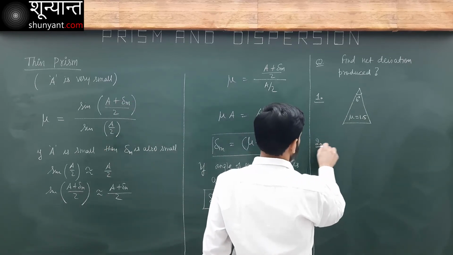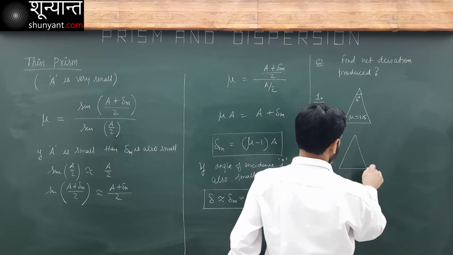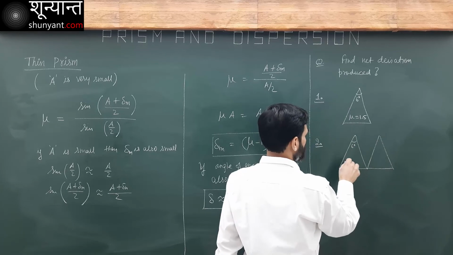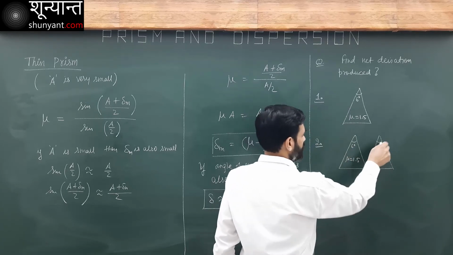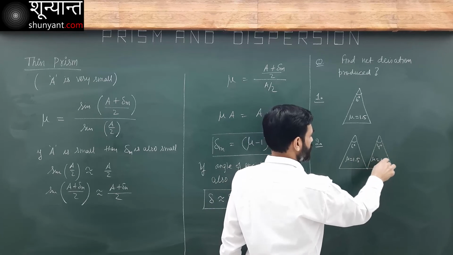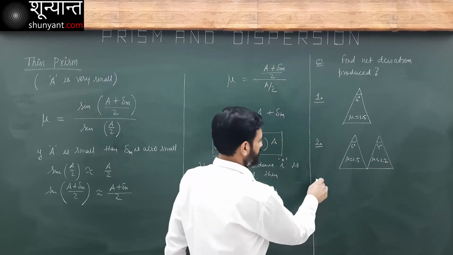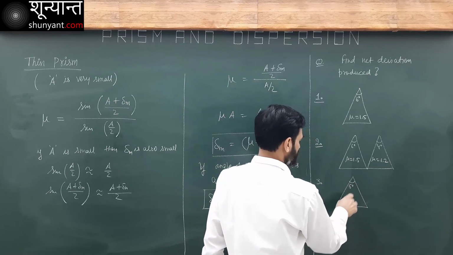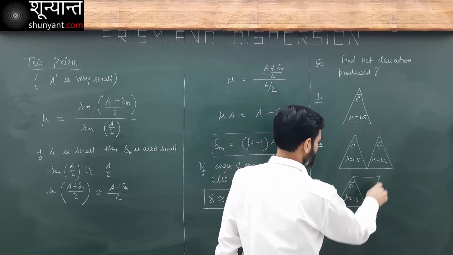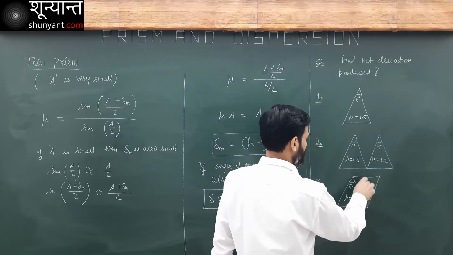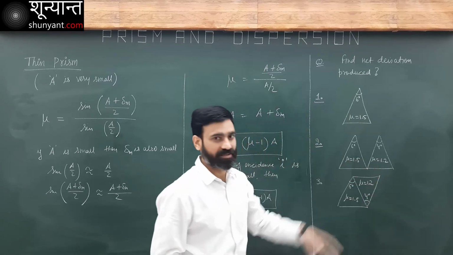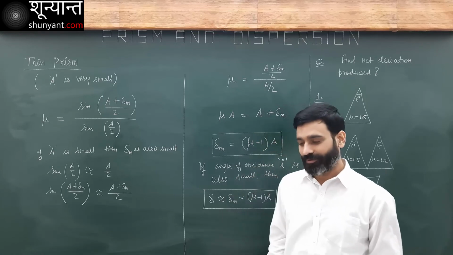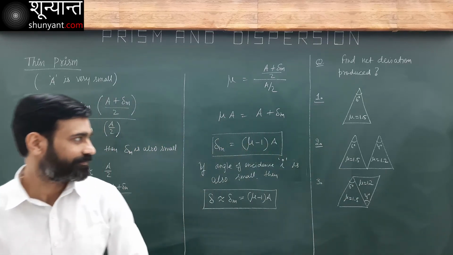Second case: this is 6 degree, mu 1.5, and this is 4 degree, mu 1.2. And then the third one: 6 degree, mu is 1.5, and here this is 4 degree, mu is 1.2. Same prisms arranged in a different manner. What is going to be the net deviation?